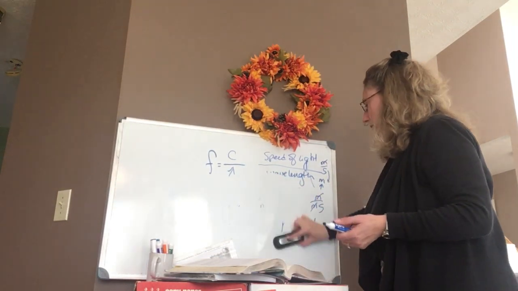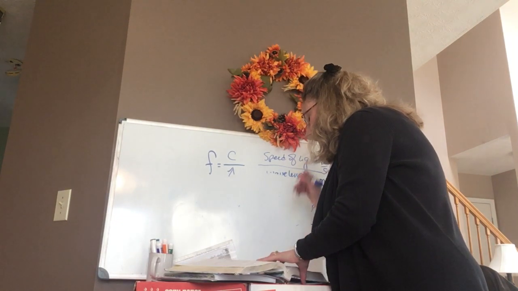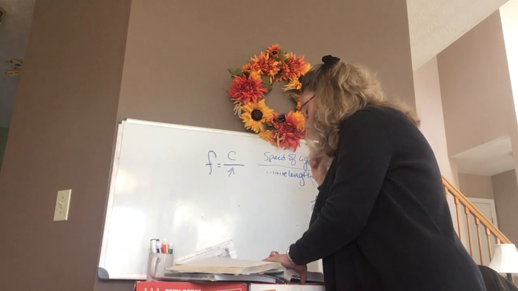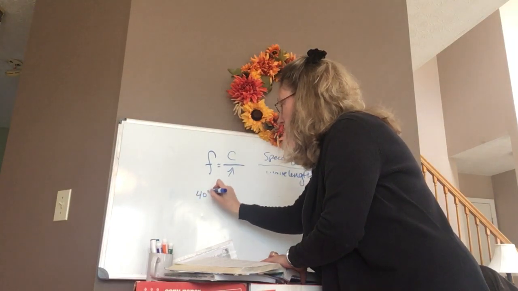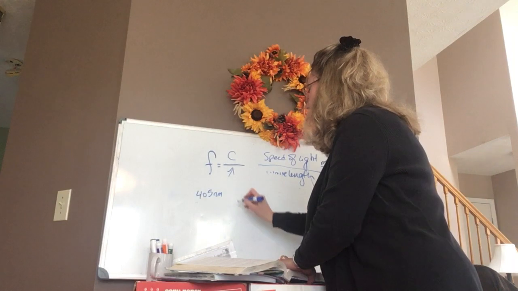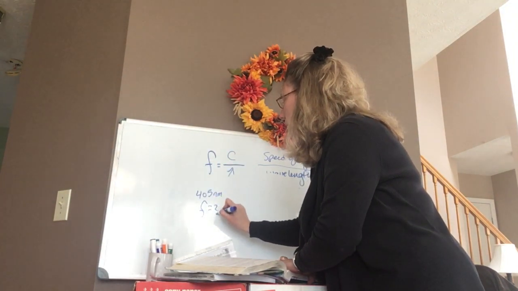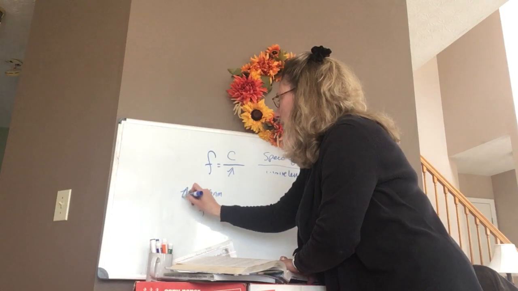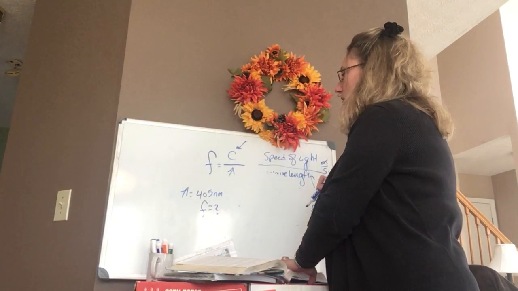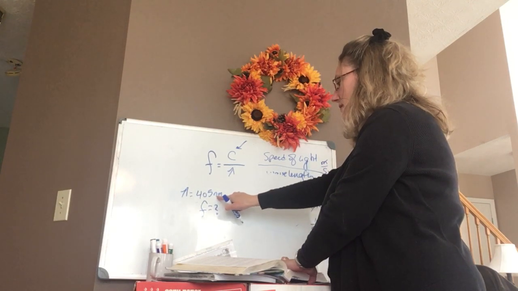So let's do this first problem here, which is example 7.2. A violet light wave has a wavelength of 405 nanometers. What is its frequency? So I want to know frequency, and they gave me the wavelength. Well, this is a constant, so I can substitute in, except that I need this to get into meters.